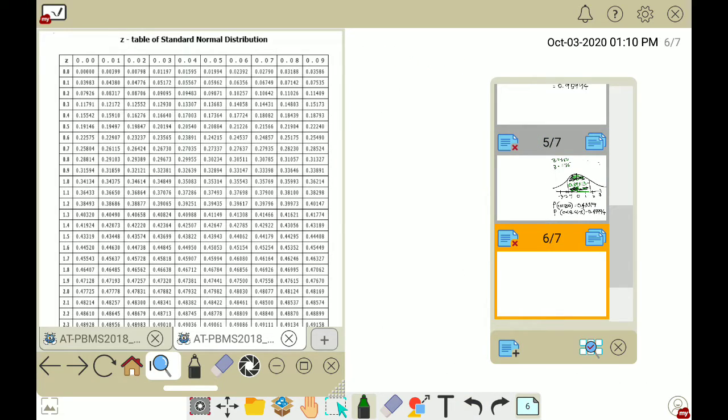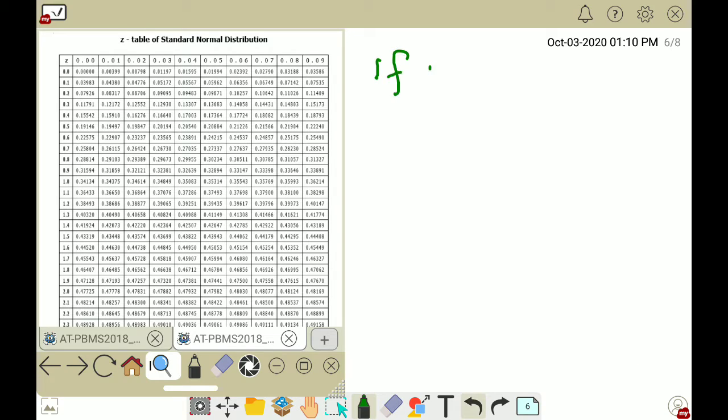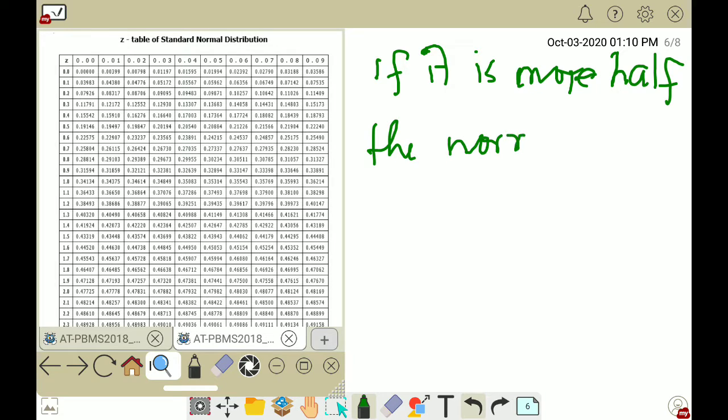If the shaded portion is more than half of your normal curve, then add.